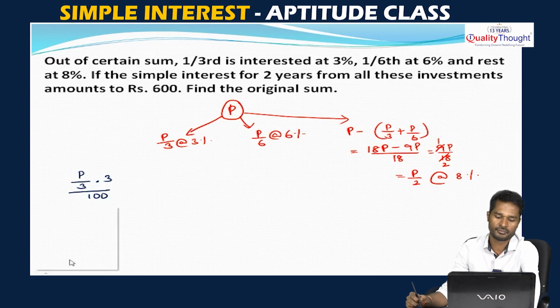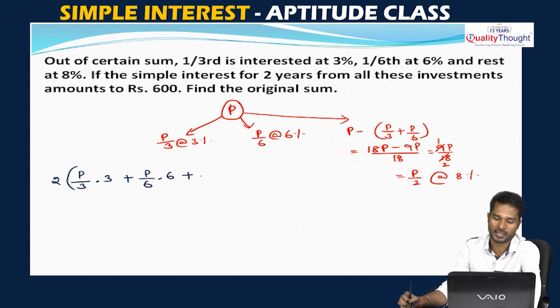Otherwise, we will write for all of them at the same time. I will take the time period 2 common. So, P by 3 is the principal amount, 3 is the rate, plus P by 6 is the principal amount, 6 is the rate, plus P by 2 is the principal amount, 8 is the rate, by 100.